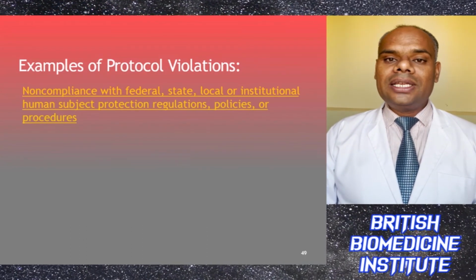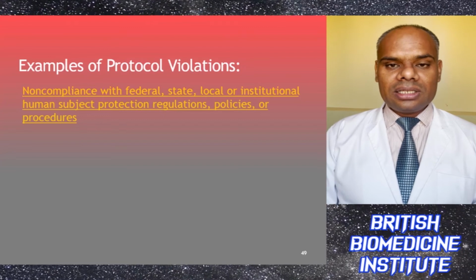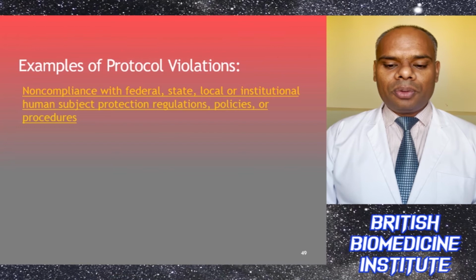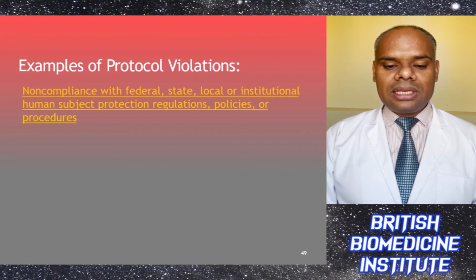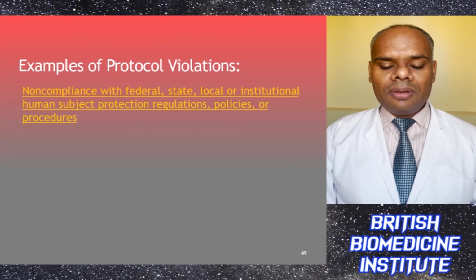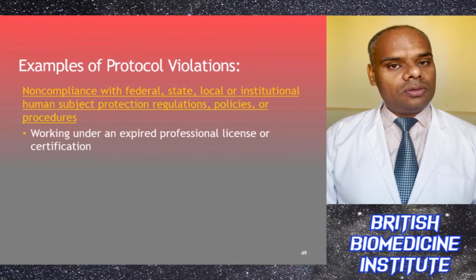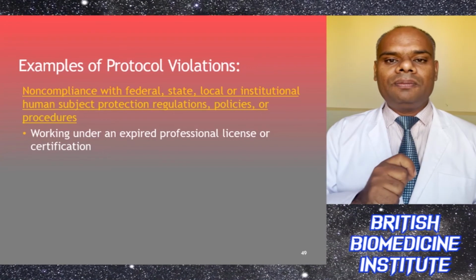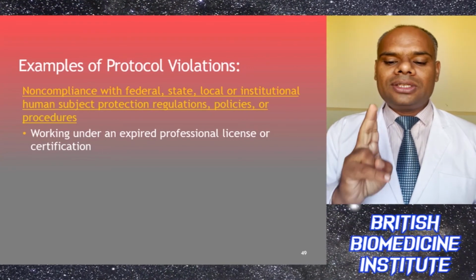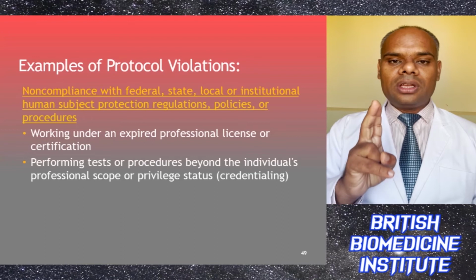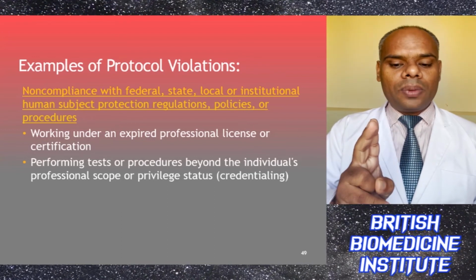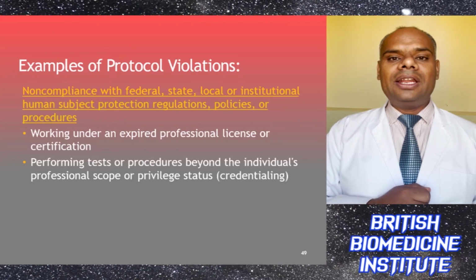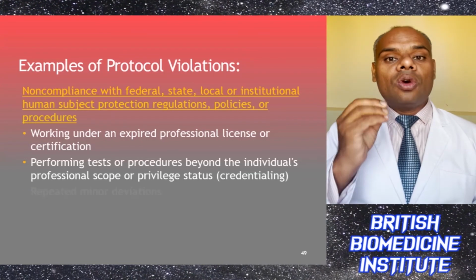So if there was a non-compliance to federal, state, local or institutional human subject protection guidelines, policies and procedures, then there will be, for example, someone working under an expired professional license and certification. Second, performing a test or procedure beyond the individual's professional scope and privilege status or credentials. Repeated minor deviations, and a breach of confidentiality.